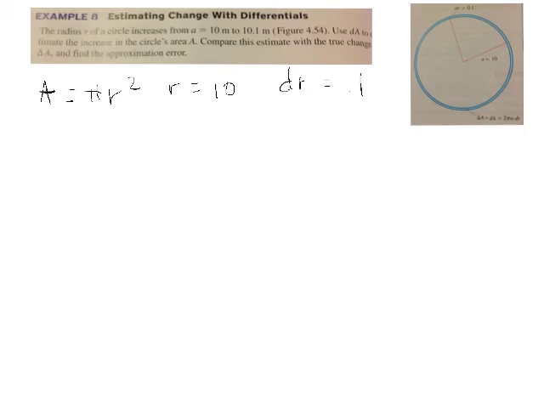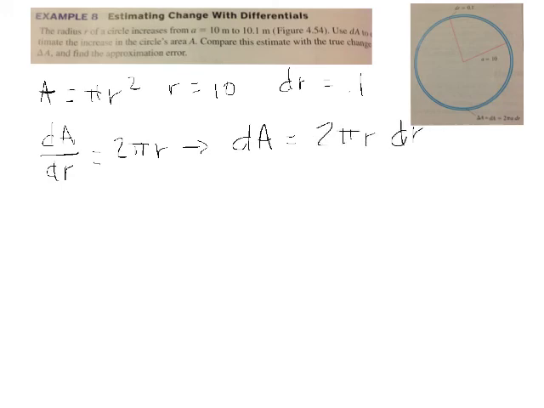So we've got r, we've got dr, and so let's go ahead and take a derivative of this. So we would have dA dr is equal to 2 pi r. And then since we're talking about differentials now, dA is equal to 2 pi r times the change in the radius, dr.